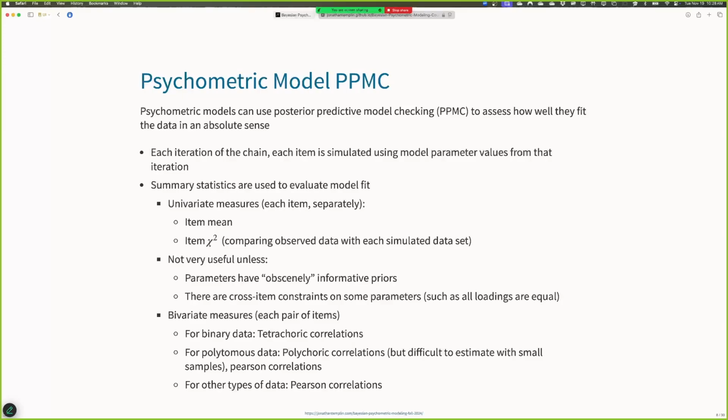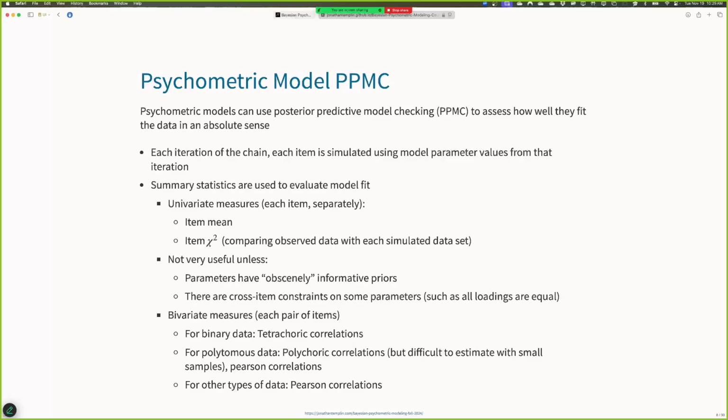And that's the key in model fit for psychometrics: a psychometric model implies a certain mean and a certain covariance matrix in your data. And it's in the covariances where the model misfit tends to happen. Most of our psychometric models recover our item means quite well and our item standard deviations, if we have those, quite well.